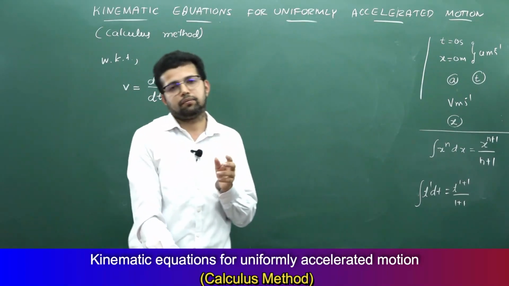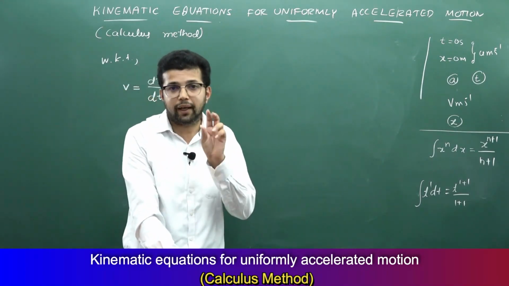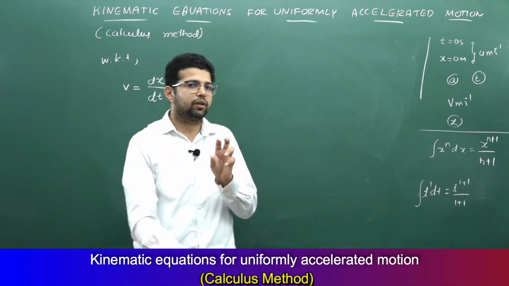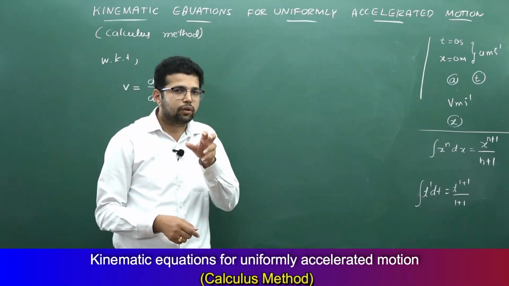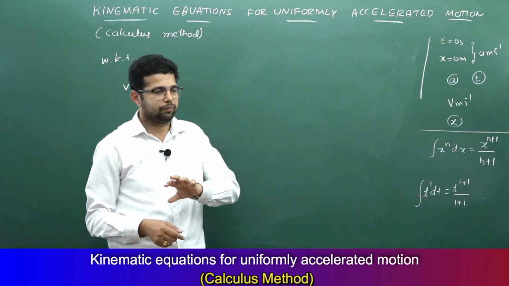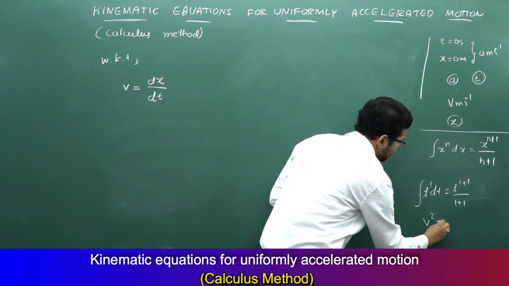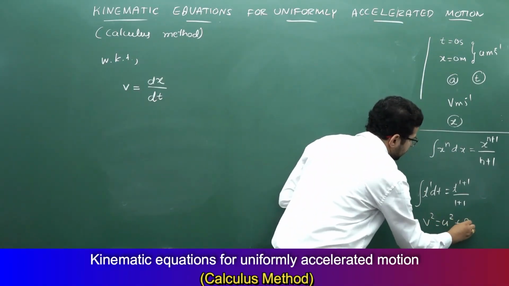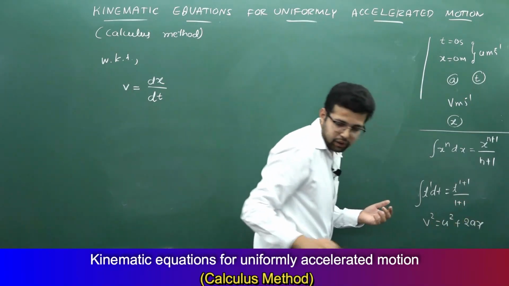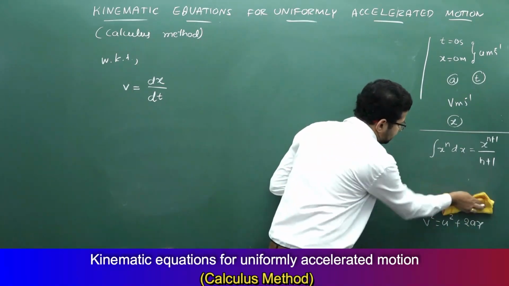In the second case, I wanted an equation for x, so we chose one wherein there is dx, so that integration of dx is x. Now, in the third equation, there is v square.